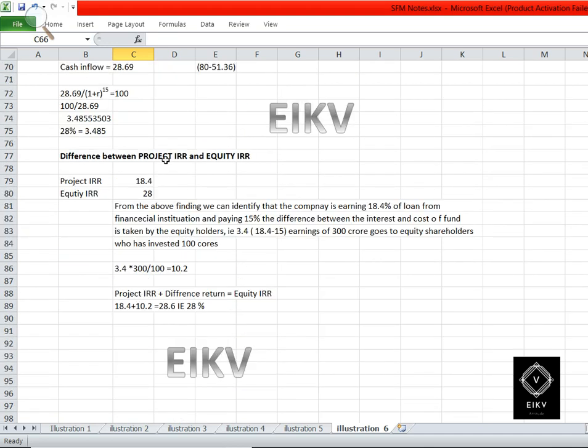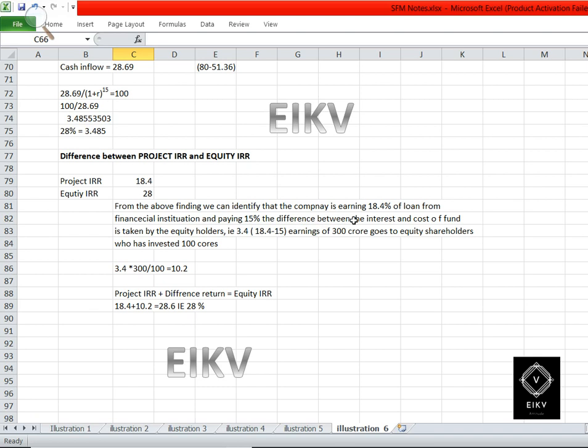Okay, next we will check out the difference between project IRR and equity IRR. As we have found, the project IRR is 18.4 and equity IRR is 28.4. From the above findings, we can identify that the company is earning 18.4% while borrowing loan from a financial institution and paying 15%.